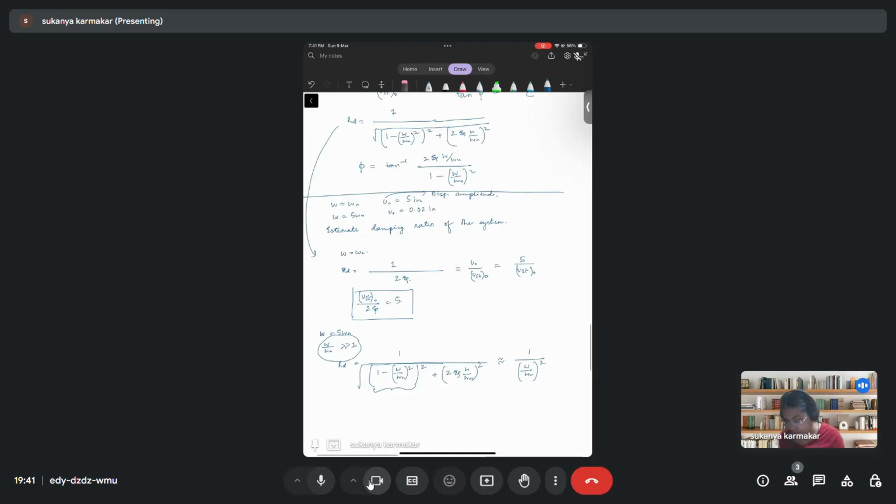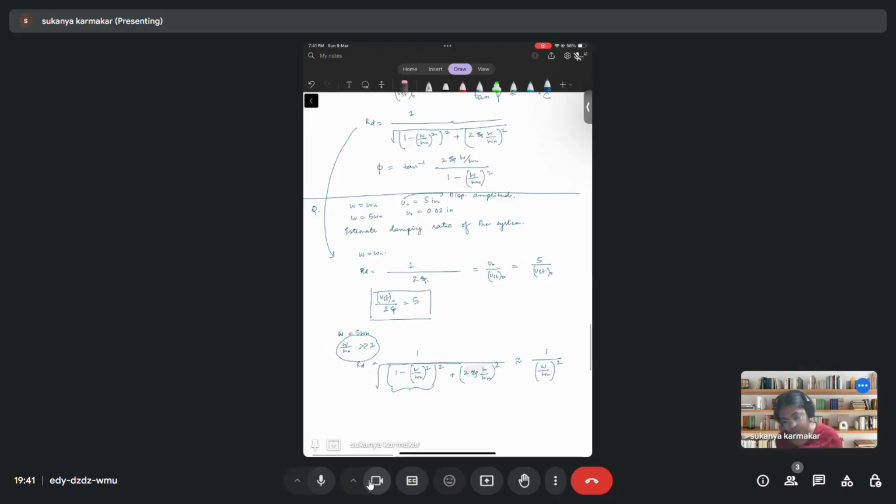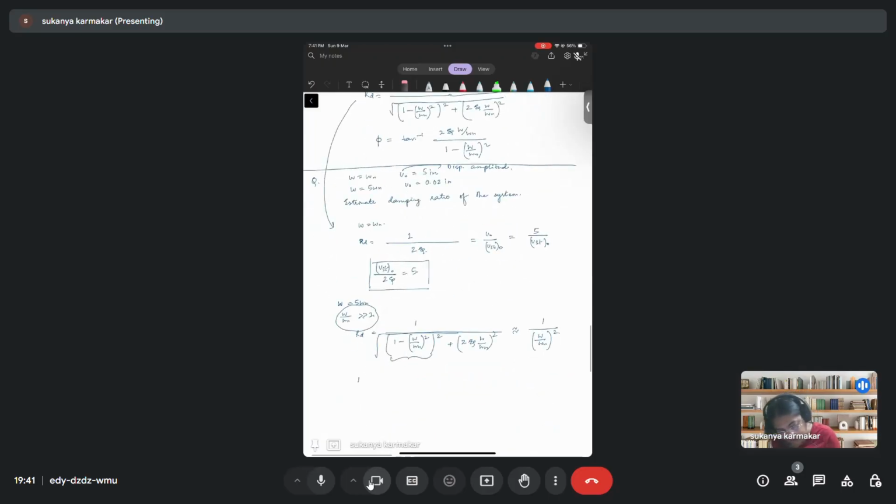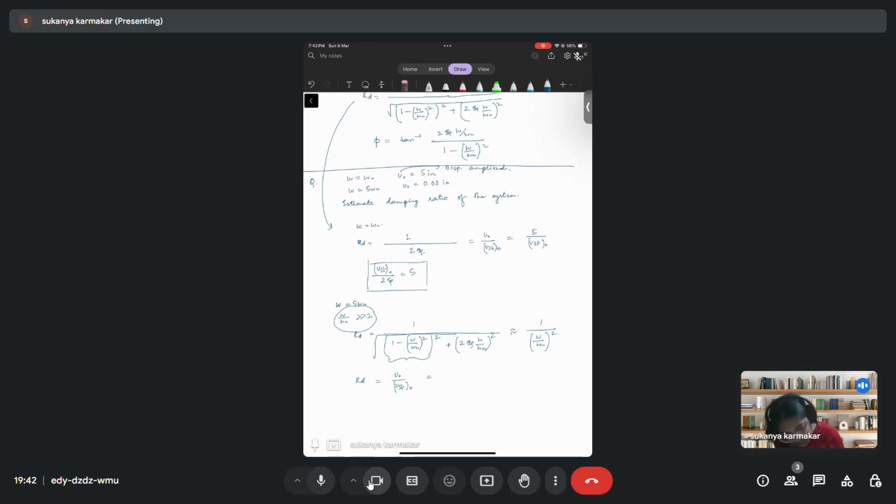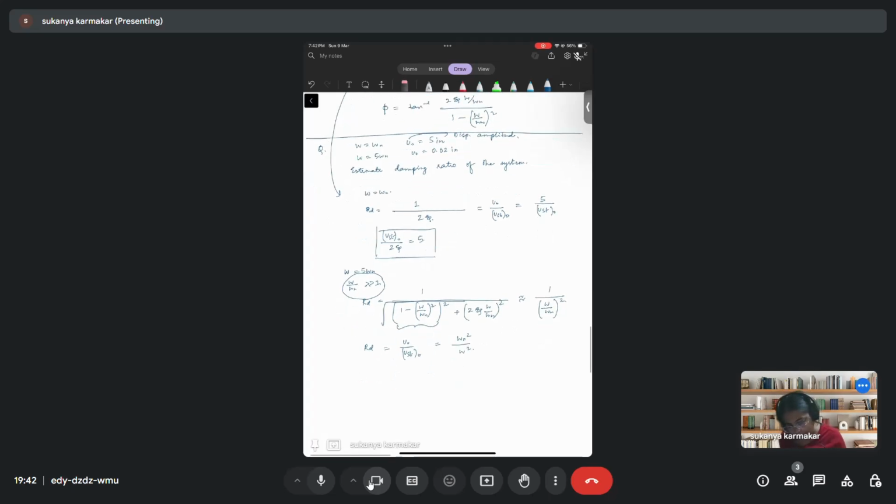So you will have a square term like this. Your Rd is u naught by ust naught, and that is equal to, with the approximation, omega n square by omega square, or in other words, your u naught is equal to ust naught times omega n square by omega square.